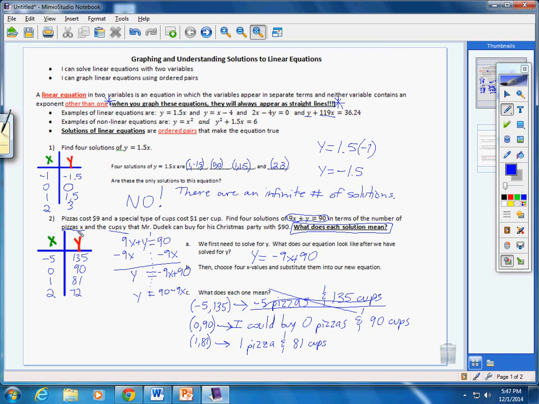In this case, X is pizzas and Y is cups. If you don't know what your variables represent, you're not going to know if your answer makes logical, realistic sense. So negative 5 pizzas is unrealistic, so this is an answer we're not going to use, because it does not make real sense.